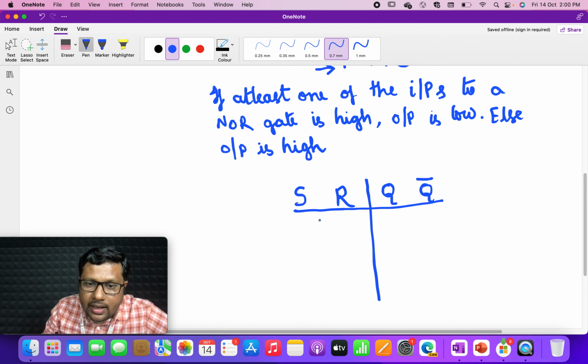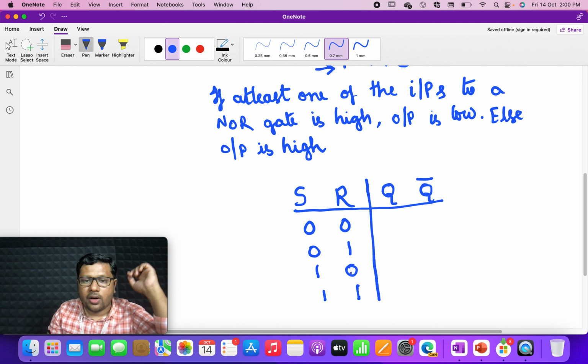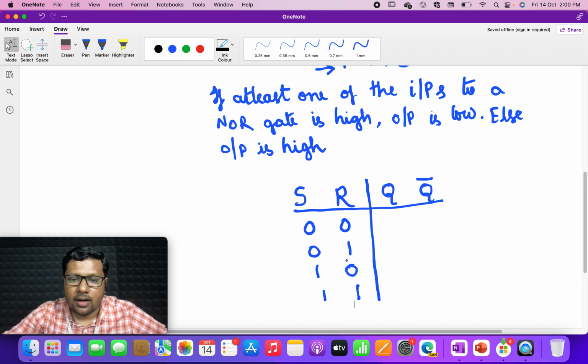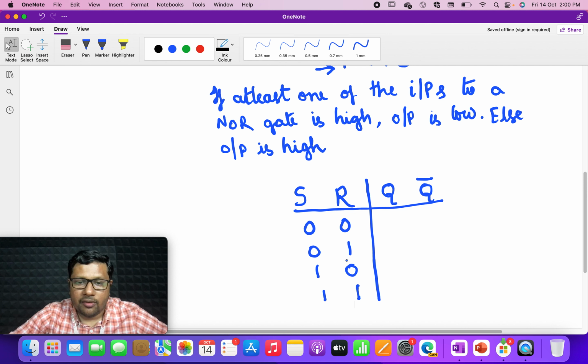Here we have two inputs, so we have four combinations: 00, 01, 10 and 11. Let us analyze the circuit for all these cases, and then we can draw some conclusions based on those. That is the whole idea of how we are going to proceed.